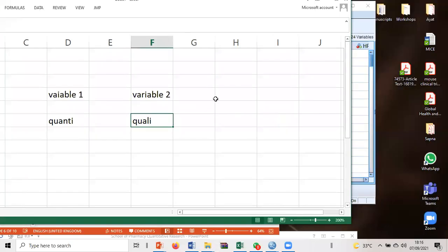Example, gender and BP. This is BP, this is gender. Gender, how many levels? Two levels.